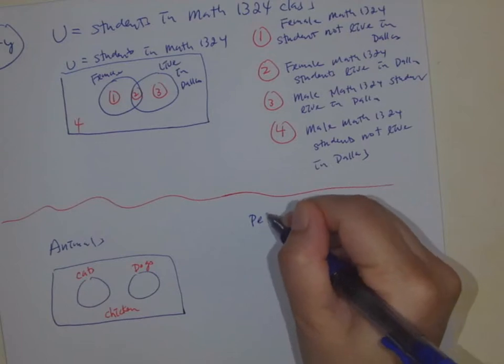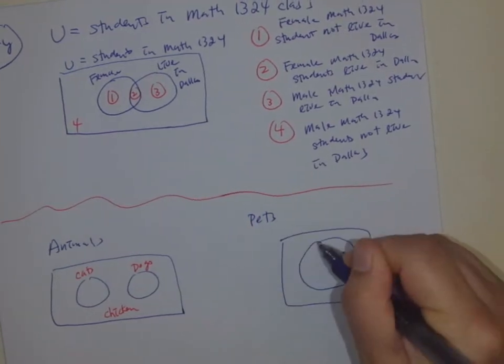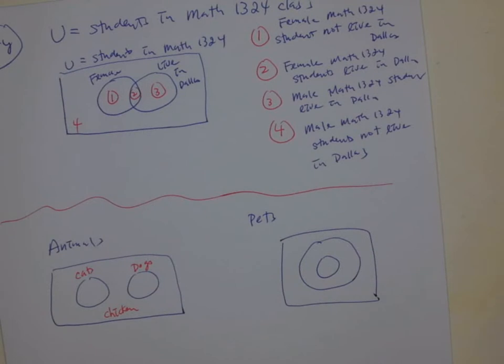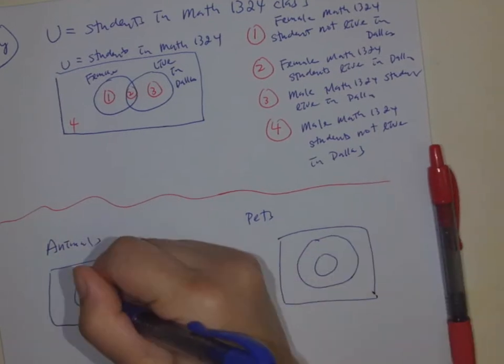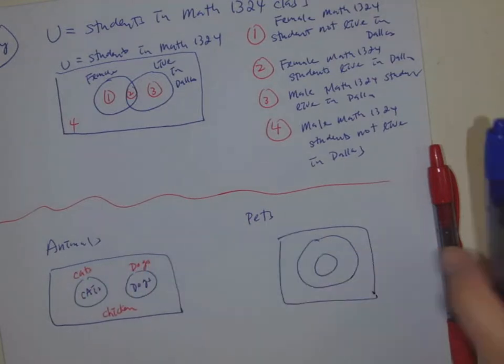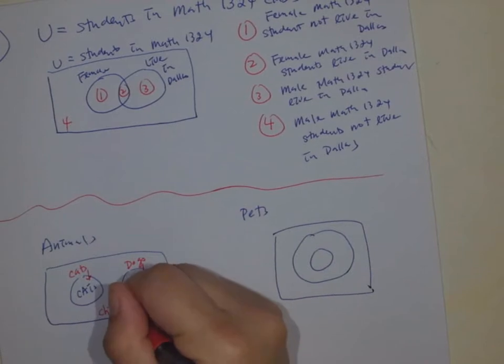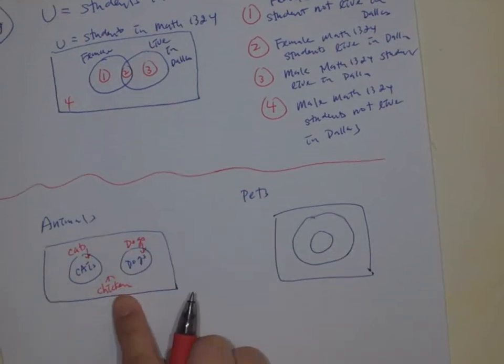And how about pet? If we have a circle within another circle, I'm going to say this is the cat circle, this is the dog circle. I can put anything about cat in here, anything about dog here, but anything not cat, not dog here, right?